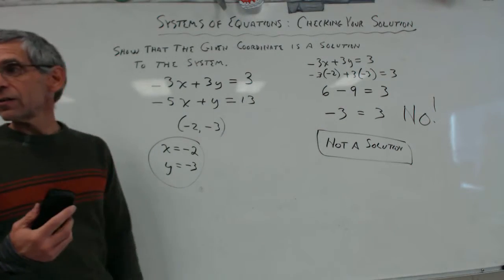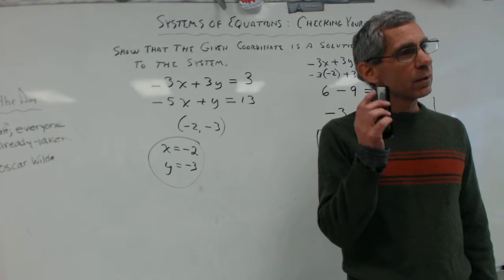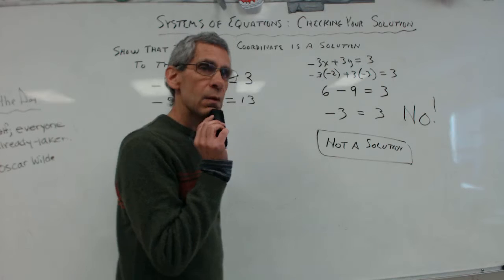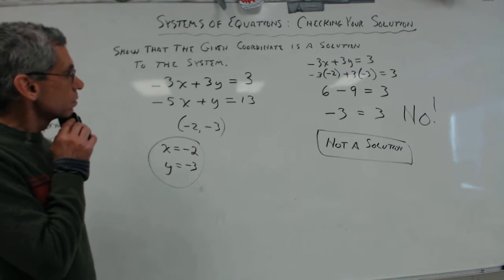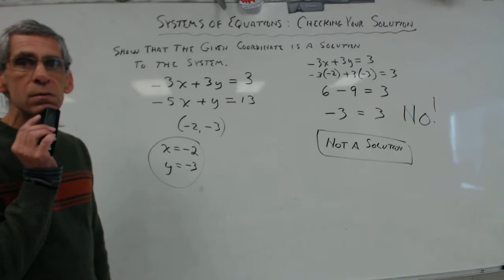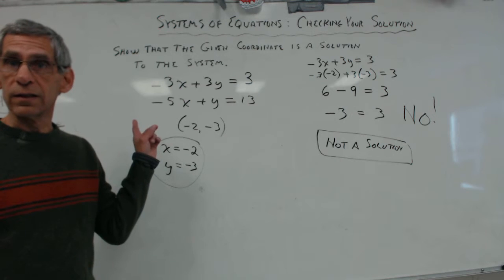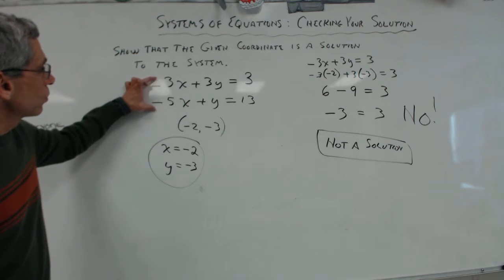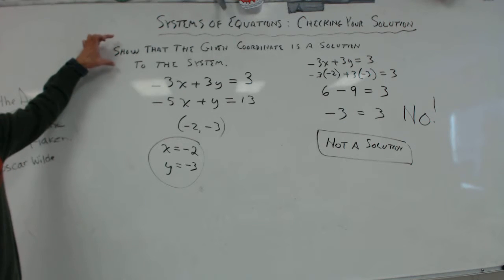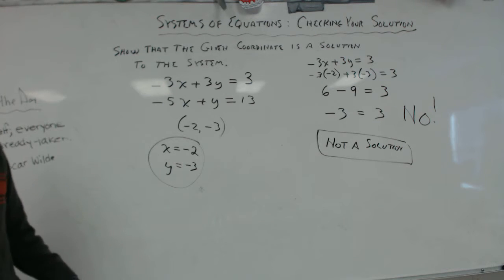So, does it make sense? Fist to 5. Do you guys understand this? It's really, really easy. Okay, Zane, explain to me where you're confused. In this case, for homework tonight, I'm giving you 4 of these, where I give you 2 equations and a point, and I'm asking you to tell if the given coordinate is a solution to the system.